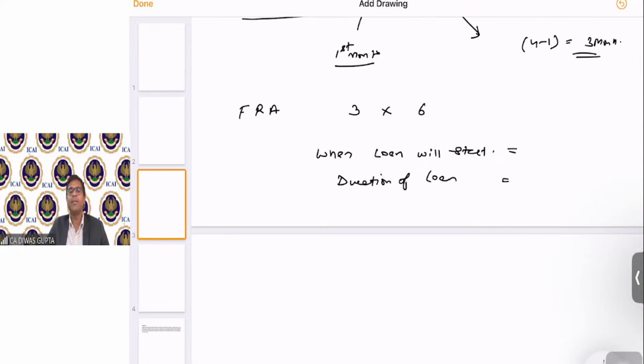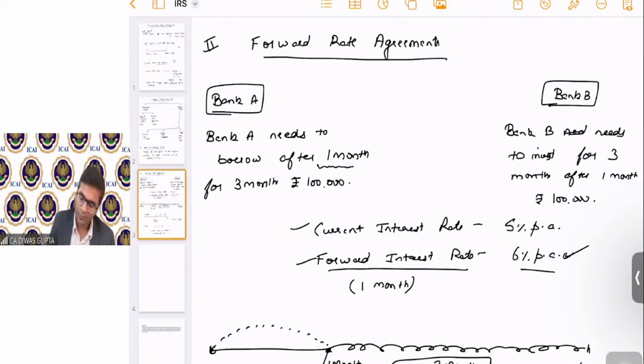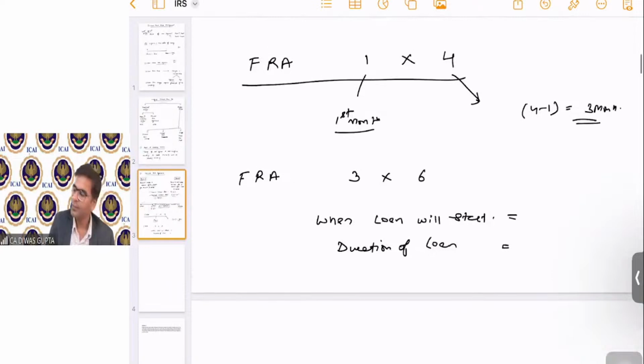For FRA 3 by 6, the notation: when the loan will start and what will be the duration of that loan, students. Come on, students, tell me. You can reply on your query handle.